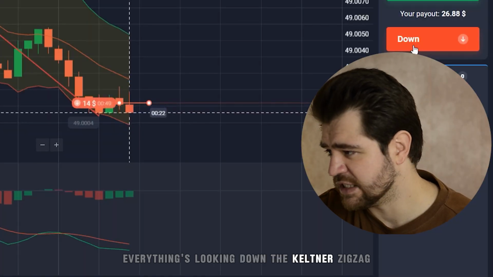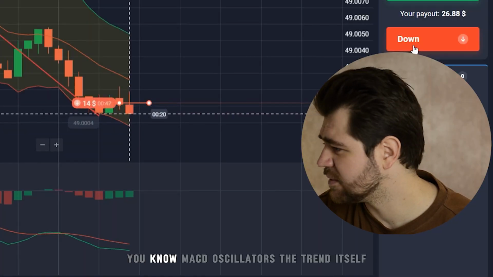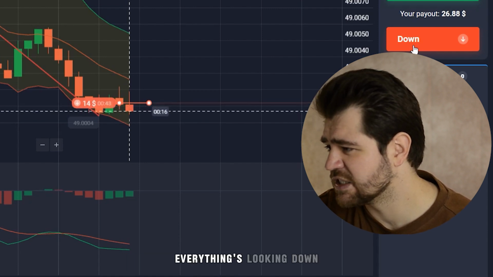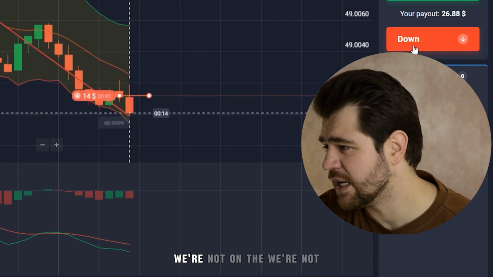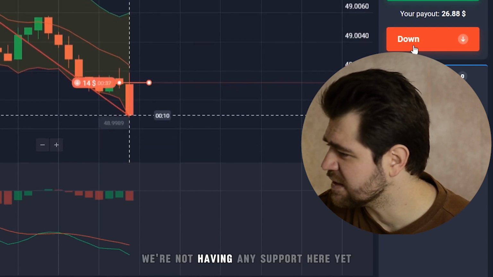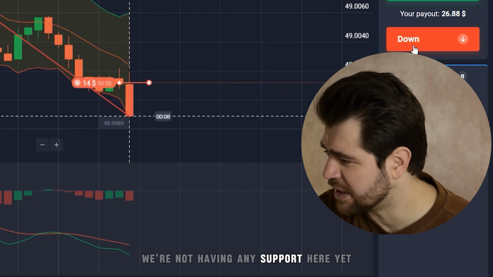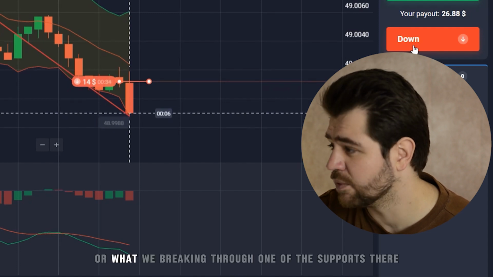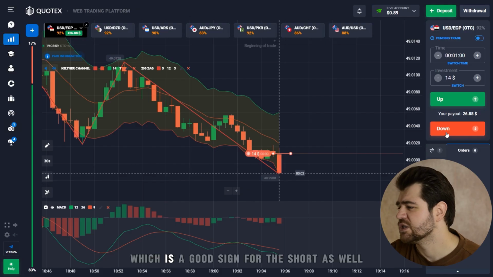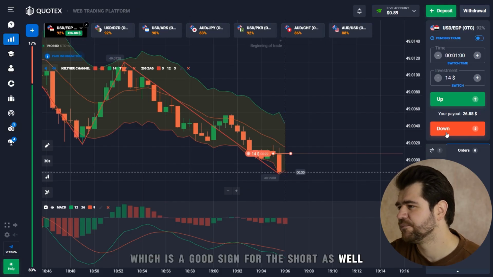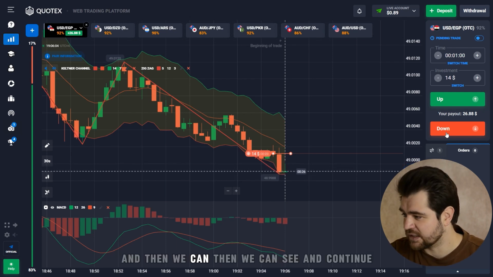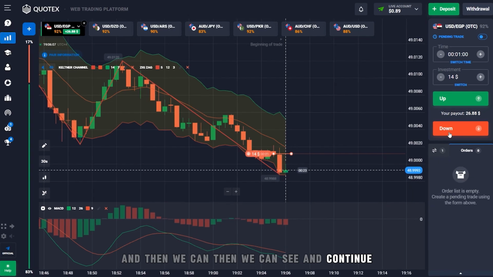The Keltner, zigzag, MACD oscillators, the trend itself, everything's looking down. We're not having any support here yet, I think, or well, we're breaking through one of the supports there, which is a good sign for the short as well. So yeah, let's wait for the result, and then we can see and continue.